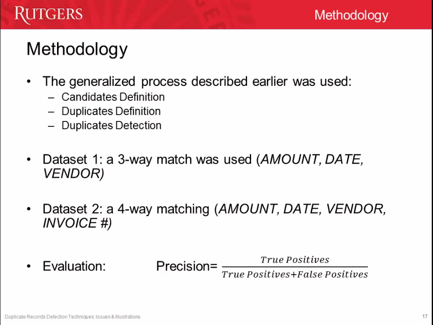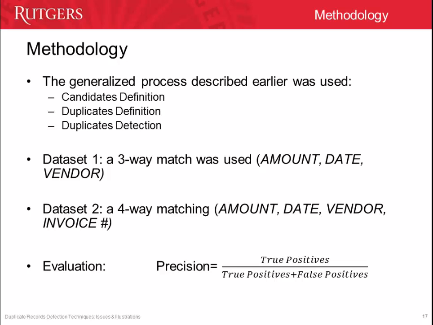We used several combinations for this study. We followed the generalized process that was described before, and the algorithm used in the 3rd phase, which is the duplicates detection phase: for dataset 1, we used a 3-way match algorithm. We used exact matching, and here we used the amount, the date, and the vendor.